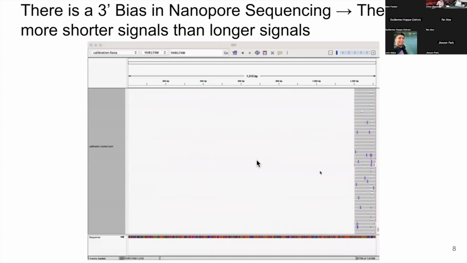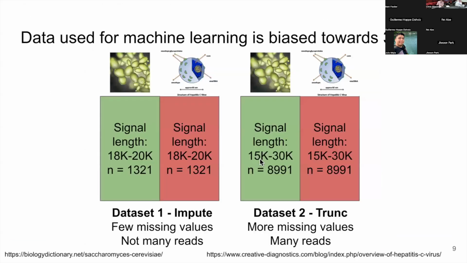So basically, our data is going to be biased towards the 3' end because these signals are smaller, and like we talked about, a lot of signals is going to take a lot of storage, and it's just not feasible for where we had our signals in Google Colab. And so the data sets that we created here contain reads with signals between 18,000 and 20,000 values.